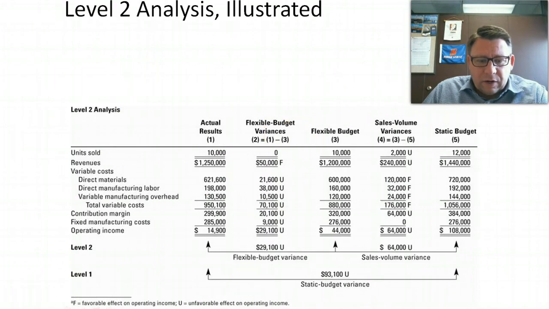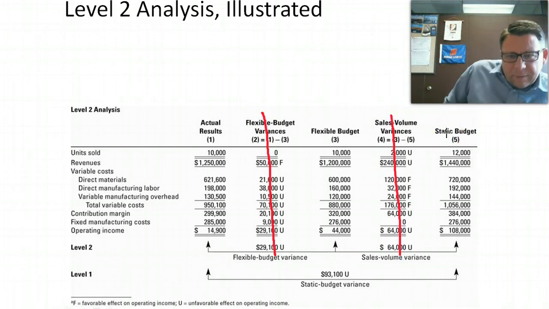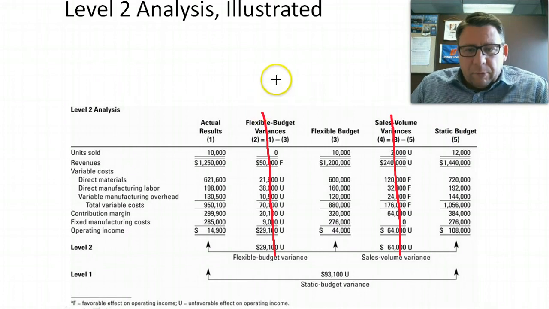So here is our flexible budget. Let's pretend that doesn't exist. Okay. For the moment, ignore this and ignore this. Those aren't things that we're going to care about right now.